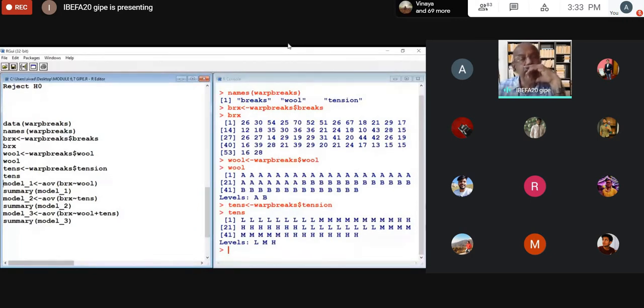So how many hypotheses? One for type of wool, second for tension.